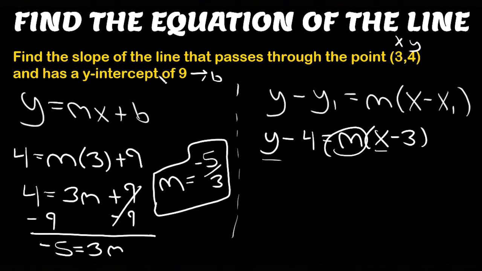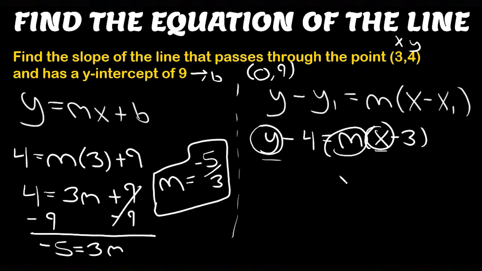So if my y-intercept is 9, that's a point. It's going to be (0, 9). Because we know whenever it crosses the y-axis, the x value will always be 0. So in other words, this y-intercept is going to be (0, 9). Meaning this is another point that I can plug in, and I'm going to plug that right into y and x, and then I can solve for m.